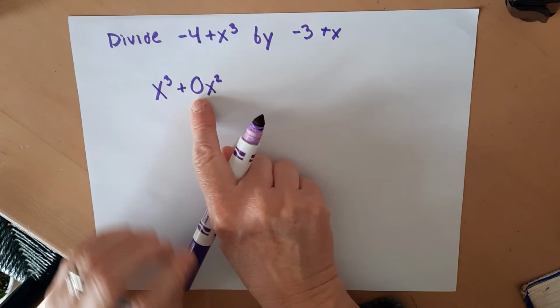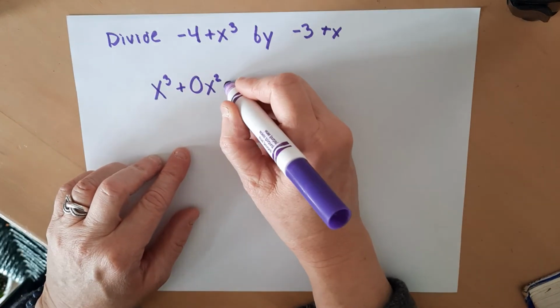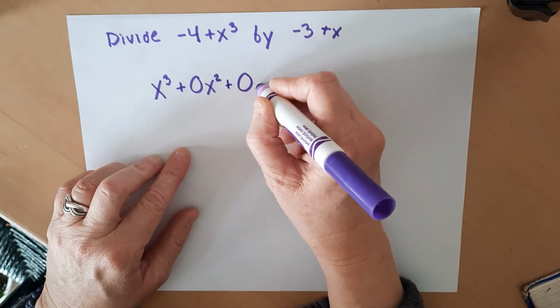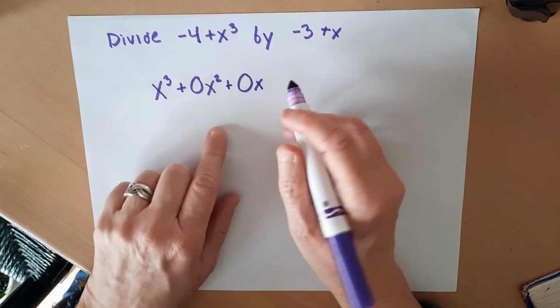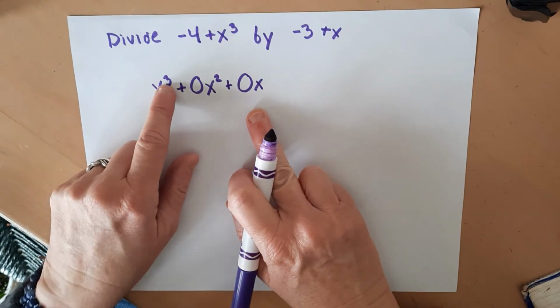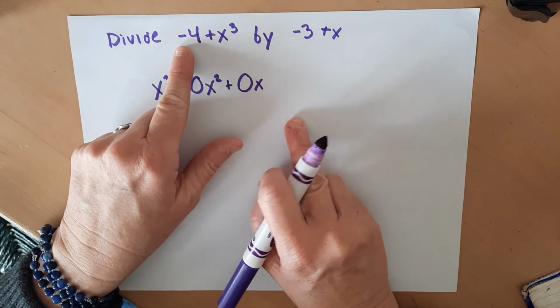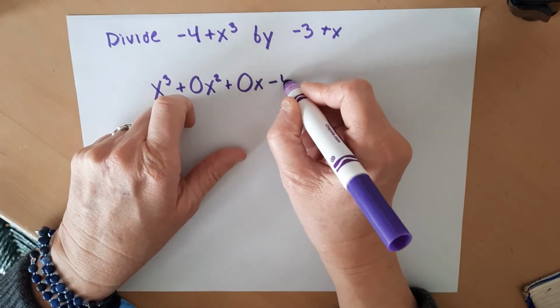But if we multiply it by 0, it just equals 0, so it doesn't change the value of this expression. So then we would also write a 0 times x. Now we have x cubed, x squared, and x to the 1 all accounted for. And now we can put on the end the minus 4.